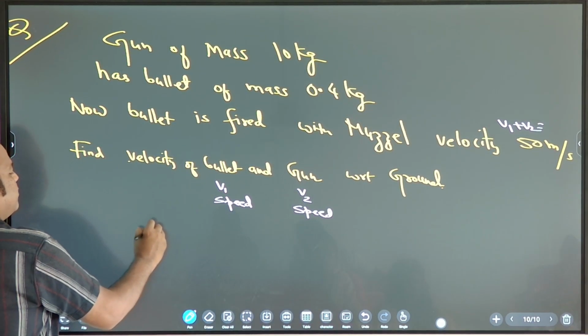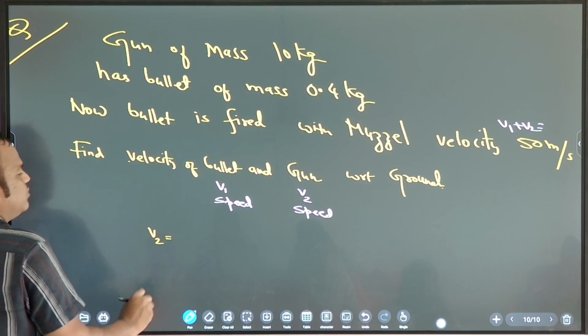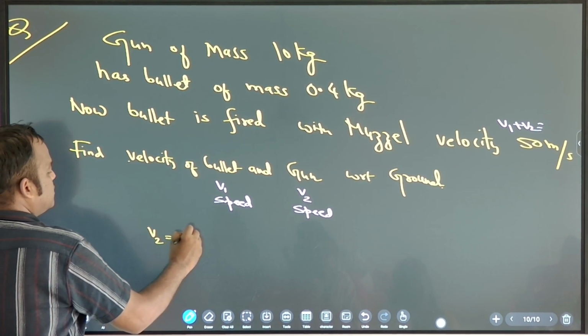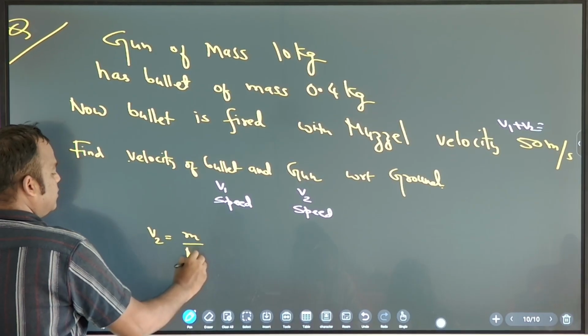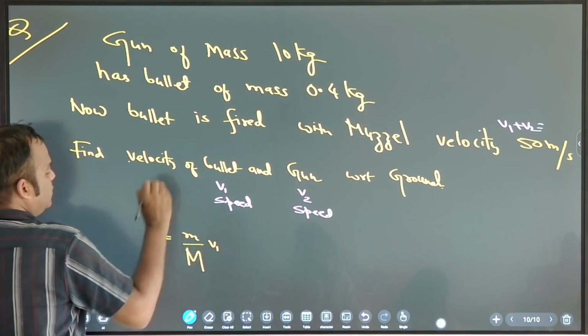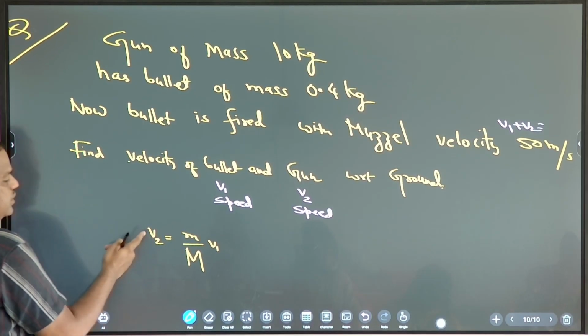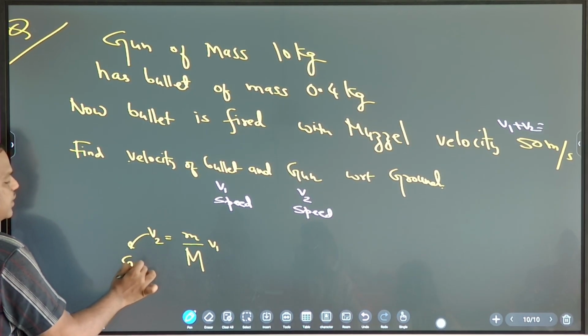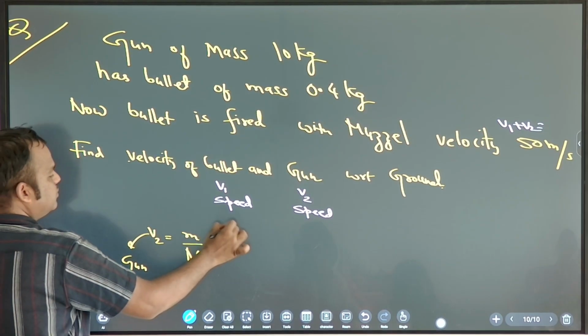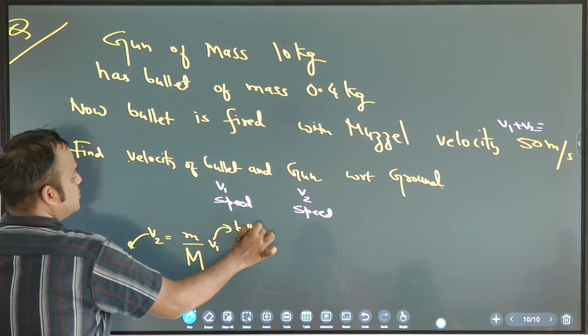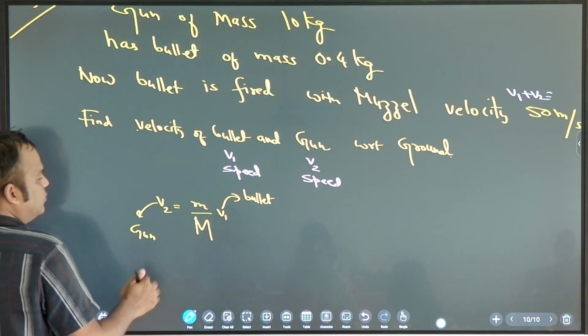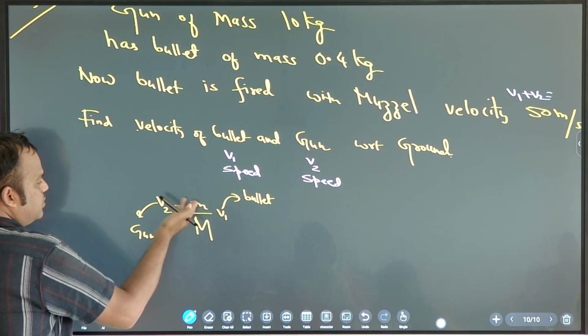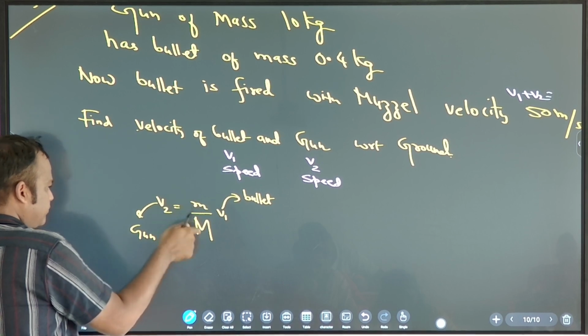Now what is the formula for v2? v2 is equal to small m by capital M into v1. v2 is the speed of gun and v1 is the speed of bullet.